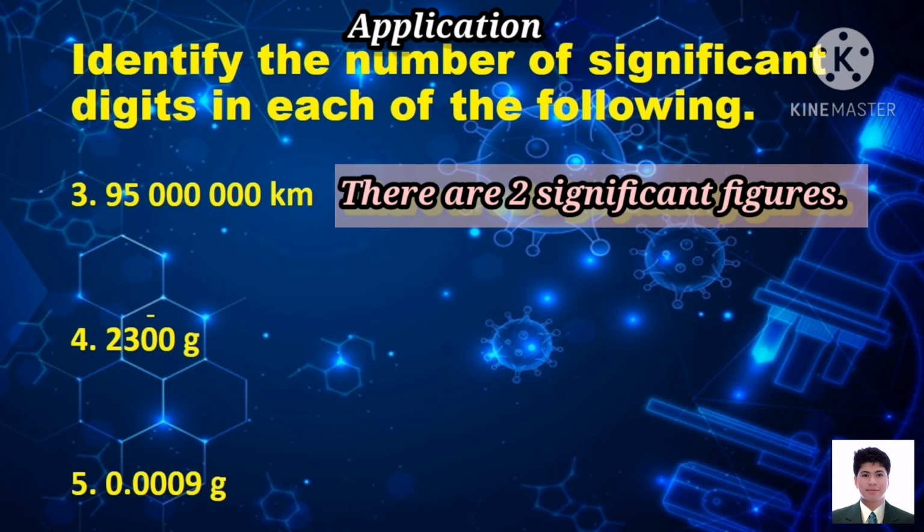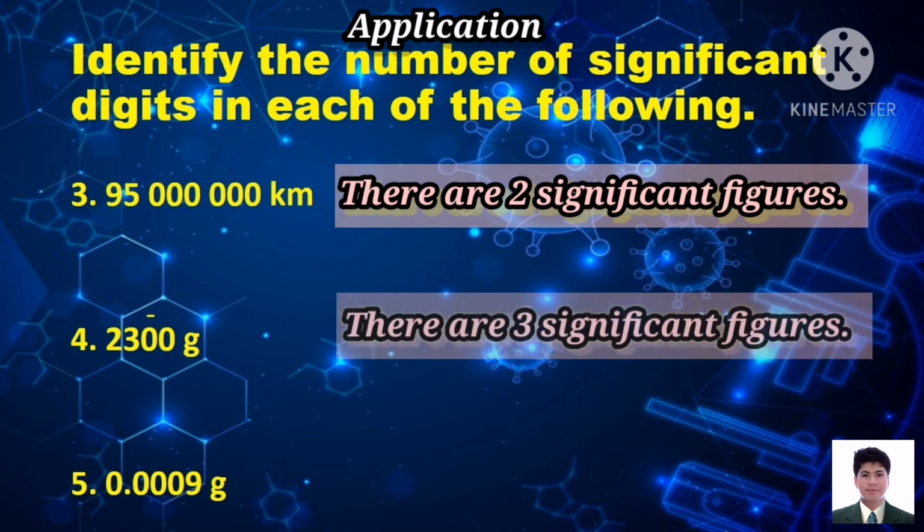In number 4, how many significant figures are there in 2,300 grams? So learners, what is your answer? Brilliant! The correct answer, there are 3 significant figures.